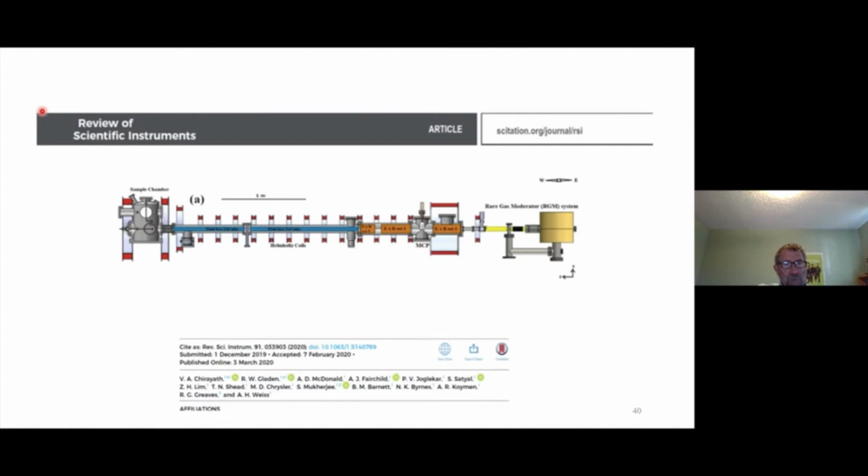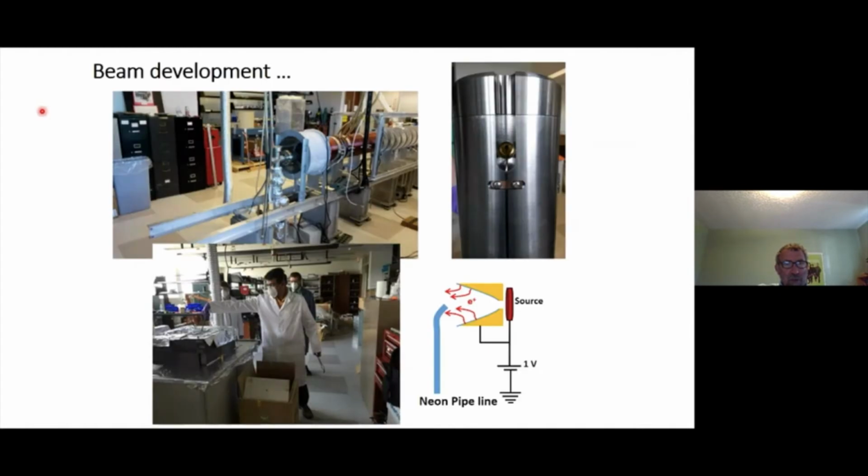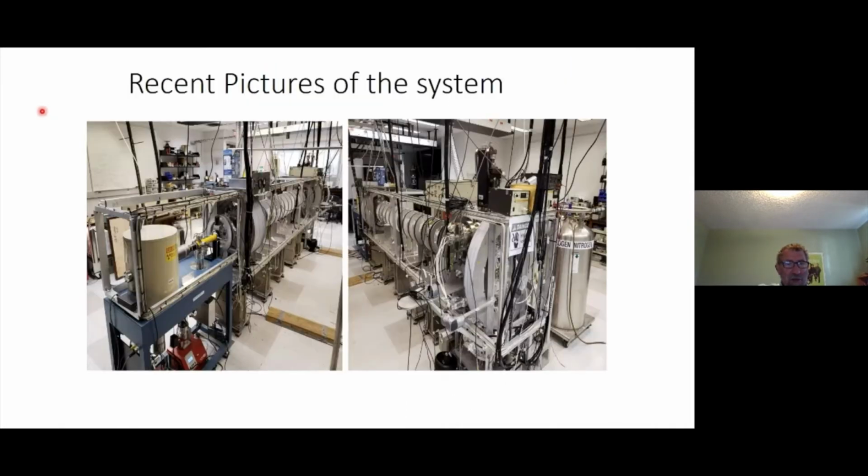So here's our new beam, which was written up just a few months ago in Review of Scientific Instruments. Alex Weiss was the first author, and it shows how we get our positrons. We slow them down with a cryogenic moderator.